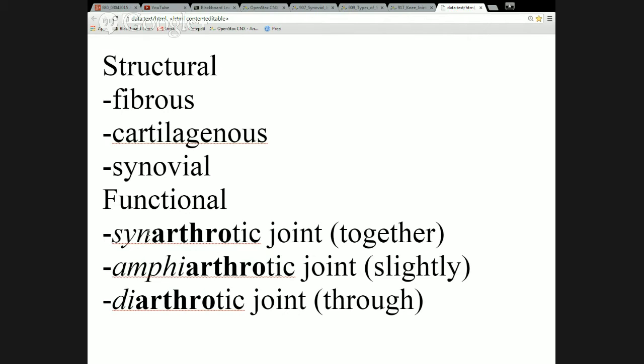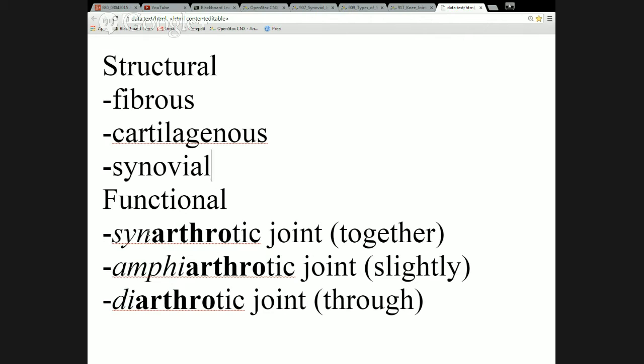Now, oftentimes when we have these two lists of three different things, we'll want to relate item 1 in one list with item 1 in the other list, and item 2 in one list, 2 in the other list. That's mostly okay with this set of joints, but there are some exceptions.